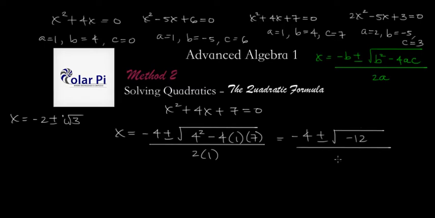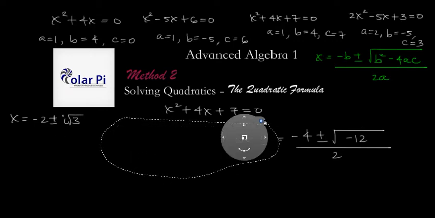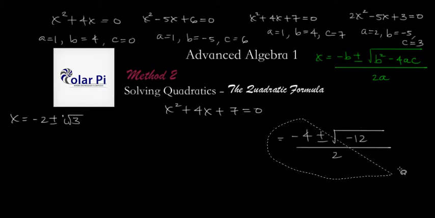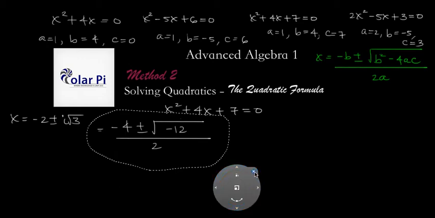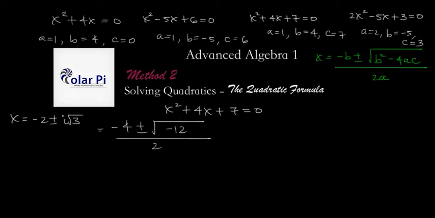All right, and this is x equals, right? Okay, and so x equals negative 4 plus or minus.